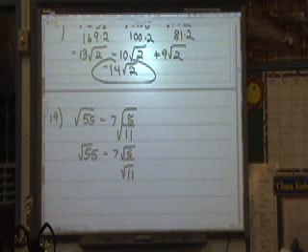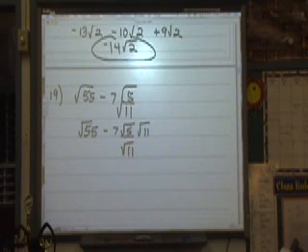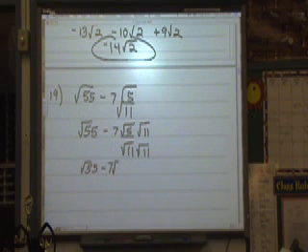We have to rationalize that square root of 11, so multiply by square root of 11 over square root of 11. So now what do we have? Square root of 55 minus 7 times radical 55 over 11.